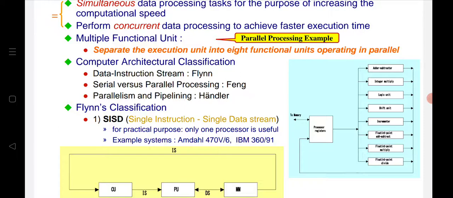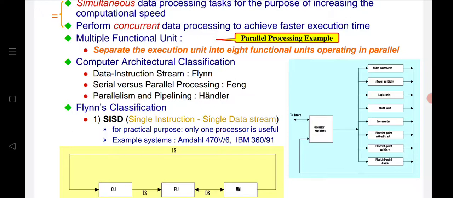This processor register is given to the sub-functional block units. One is the adder subtractor unit. Second is the integer multiply unit. Next are the logic unit, shift unit, incrementer unit, floating point add and subtract unit, floating point multiplication unit, and the floating point division unit. So we are dividing it into different functional units.